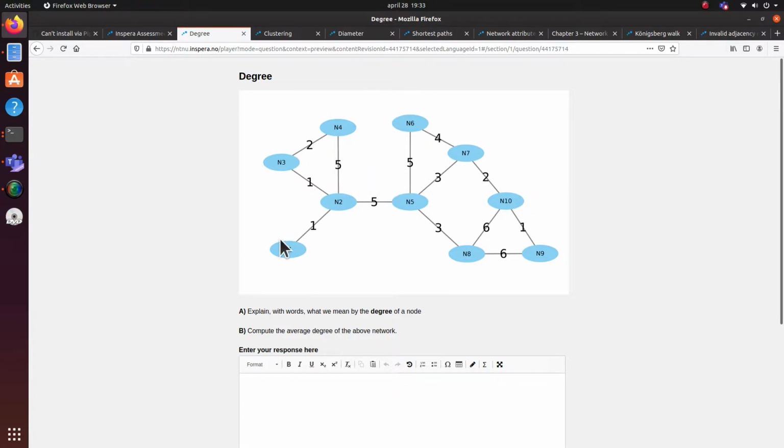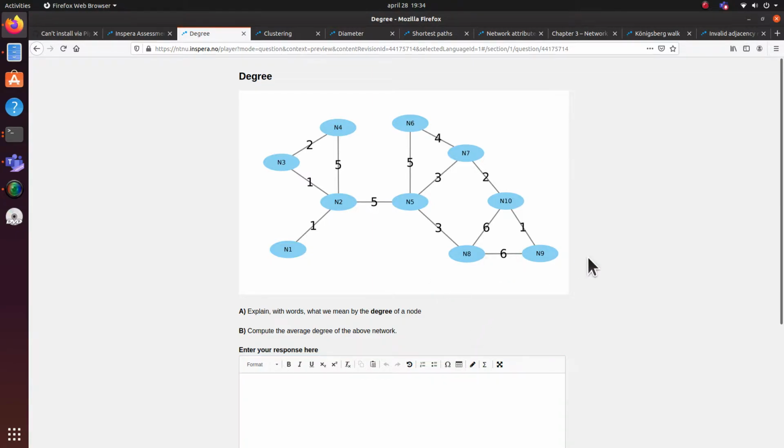So we see here these nodes are nice and numbered: 1, 2, 3, 4, 5, 6, 7, 8, 9, 10. So we have 10 nodes, and we have 1, 2, 3, 4, 5, 6, 7, 8, 9, 10, 11, 12, 13 edges.